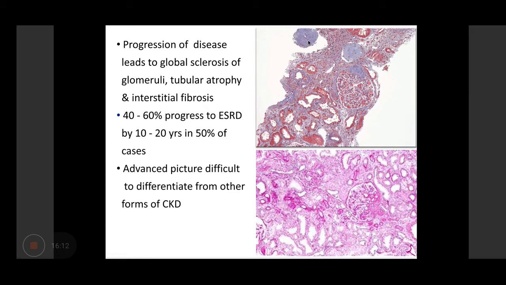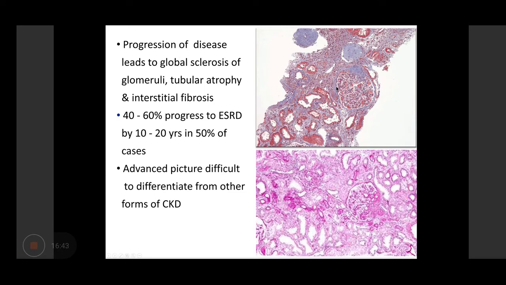Now, when the glomeruli are globally sclerosed, as we discussed last time, the blood supply coming out of this glomerulus is also destroyed, and therefore the associated tubule will also undergo atrophy. The remaining glomeruli have to take on the function of these sclerosed glomeruli, so they become enlarged in size. They show compensatory hypertrophy, which in turn causes increase in intravascular pressure and therefore development of further scar formation.